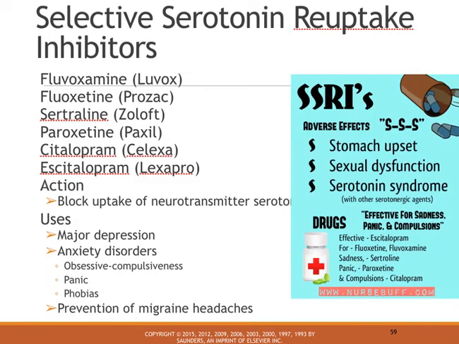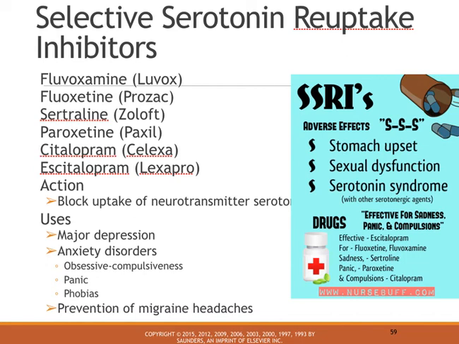SSRIs are a frontline, commonly prescribed treatment. They're popular because they don't cause sedation, they don't cause hypotension, they don't have those anticholinergic side effects or the cardiotoxicity like the tricyclics can. So what do they do? They selectively block the reuptake of serotonin. And when I say block the uptake, these serotonin neurotransmitters are floating around in the brain between the brain cells.